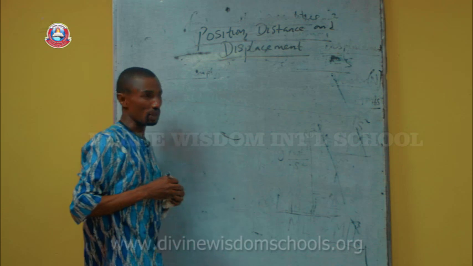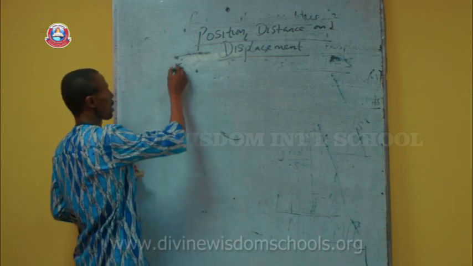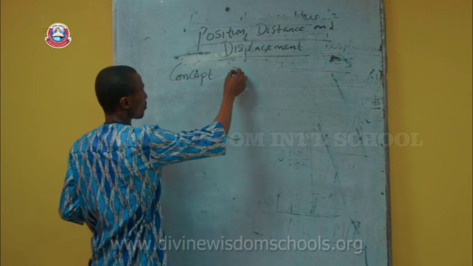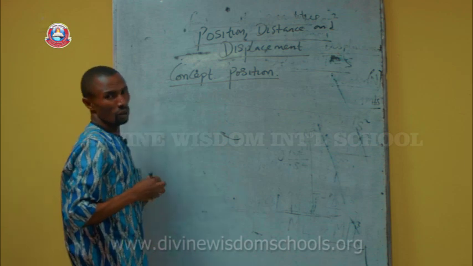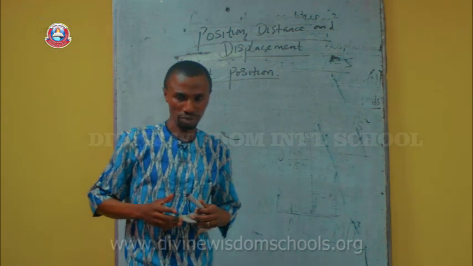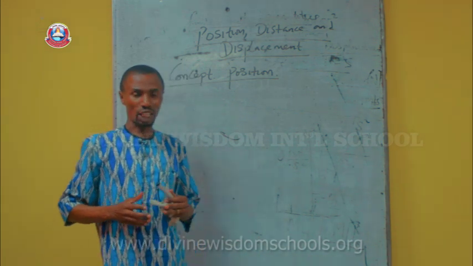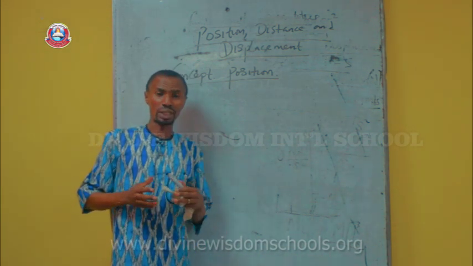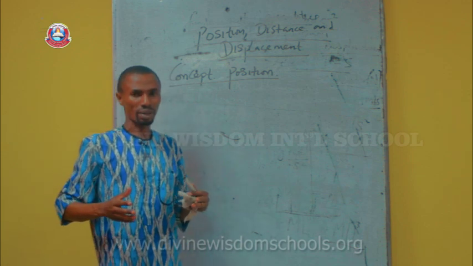We're going to be considering first the concept of position. What is position? Position can be defined as the location of a body or point with respect to a reference point.